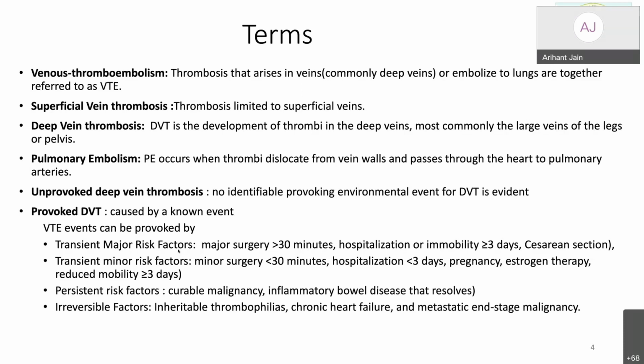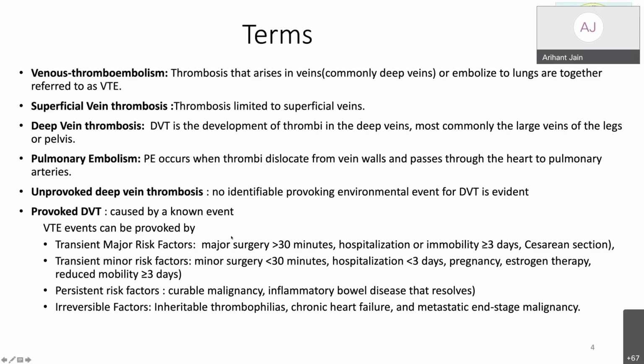So basically, whenever we get a thrombosis, we have to qualify whether it is a deep vein thrombosis or superficial vein thrombosis. If it is a lower limb deep vein thrombosis, then we also have to qualify whether it is a proximal DVT or a distal DVT, whether it is associated with pulmonary embolism or not, and whether that deep vein thrombosis is a provoked event or an unprovoked event.